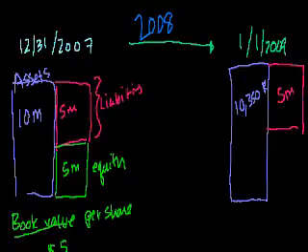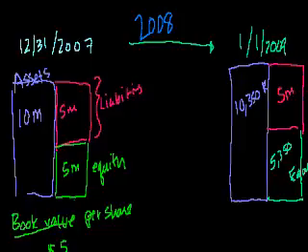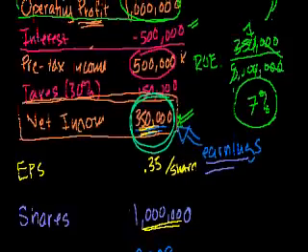And what's left over for the equity? Well, all of our earnings, since our debt stayed the same, all of our earnings actually fall down straight to equity. So we have $5,350,000 of equity. So the way I think about it, and probably the way you should think about it, is the earnings of a company.